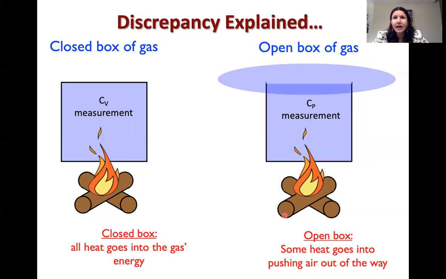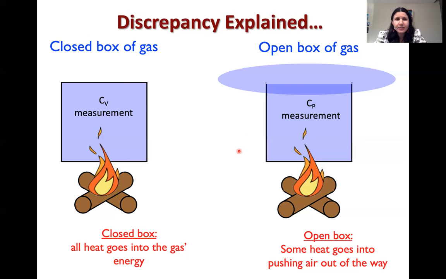I will define work more formally in the next couple of lectures and recordings, but for now, all you need to think about is that some work has to be done. Some of that heat goes into heating up the substance, but some goes into doing that work, which pushes, let's say, the air out of the way, allowing this gas to expand.